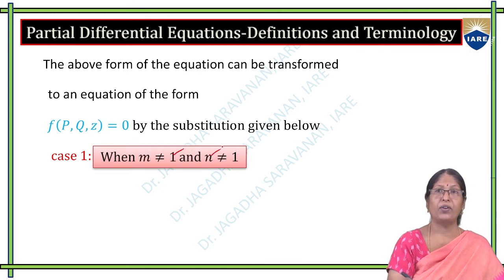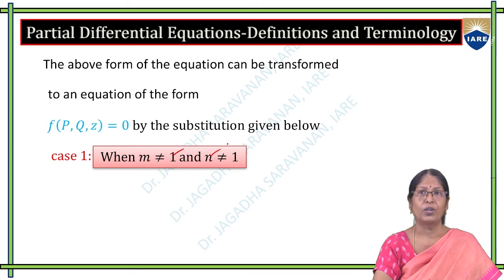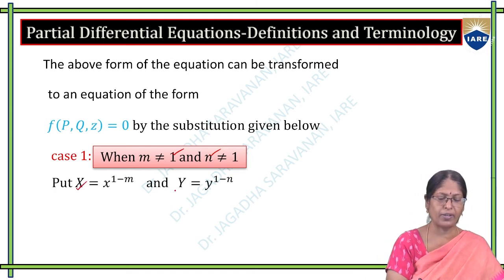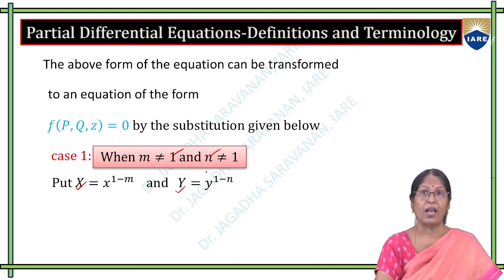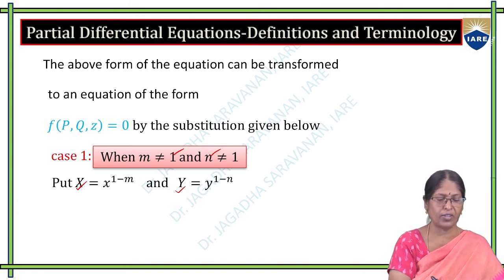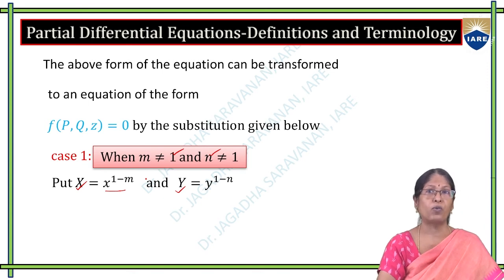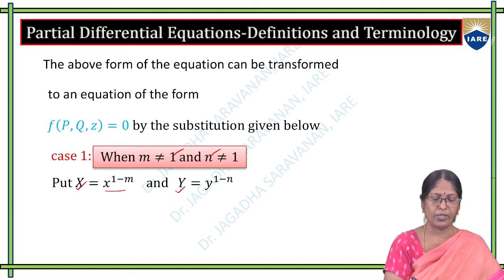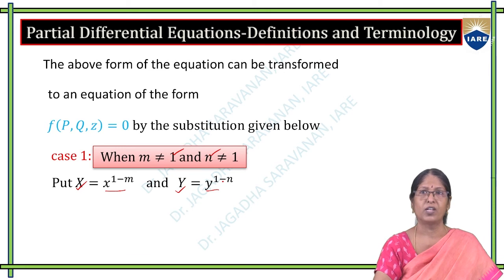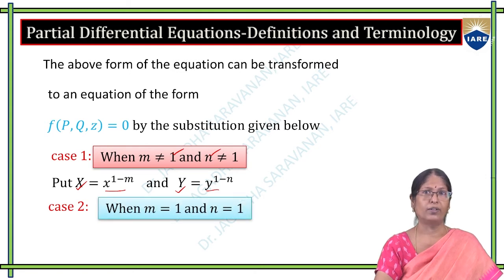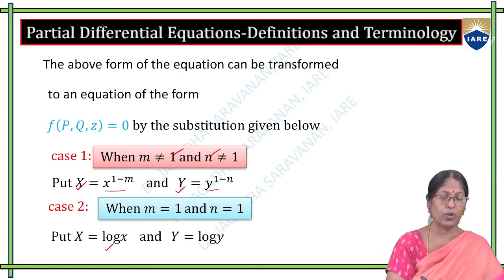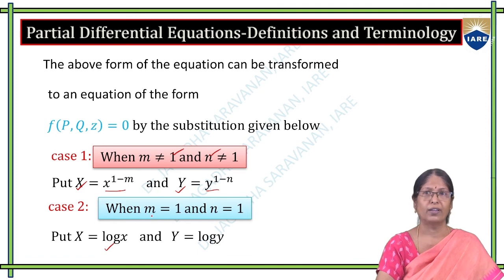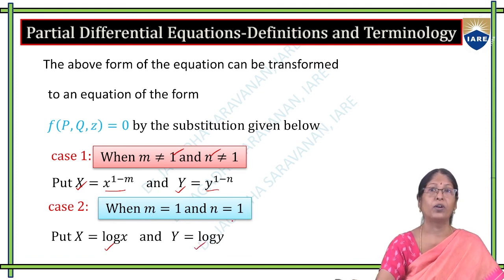Suppose m and n are not equal to 1, we have to assume capital X and capital Y as capital X equals small x power 1 minus m, and capital Y is small y power 1 minus n. If they are equal to 1, then capital X equals log x, capital Y equals log y.